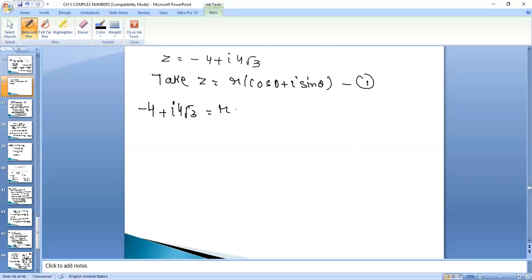I can write r cos theta plus iota r sin theta. All steps will be same, equating real and imaginary parts.